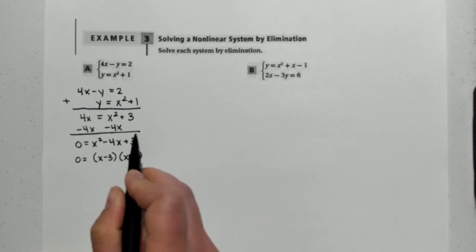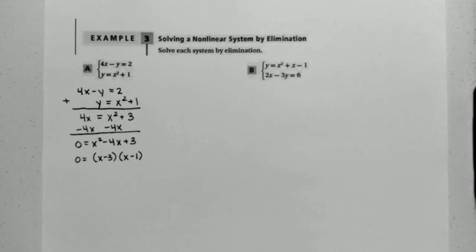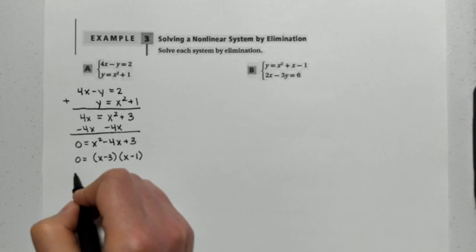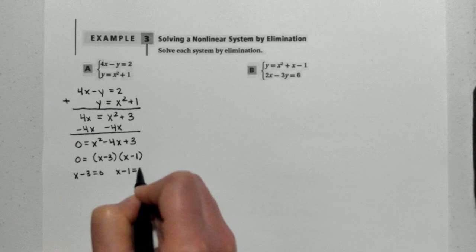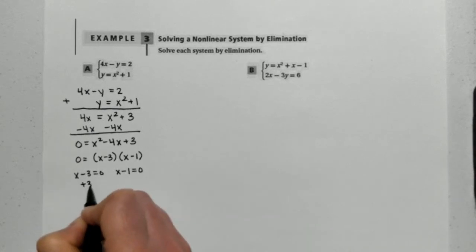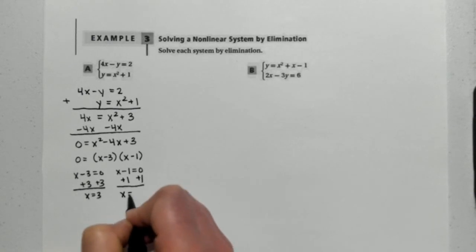Negative 3 times negative 1 will give me a positive 3, and then negative 3 plus negative 1 will give me the negative 4. So set these equal to 0. So add 3 to both sides to get x equals 3. Add 1 to both sides to get x equals 1.